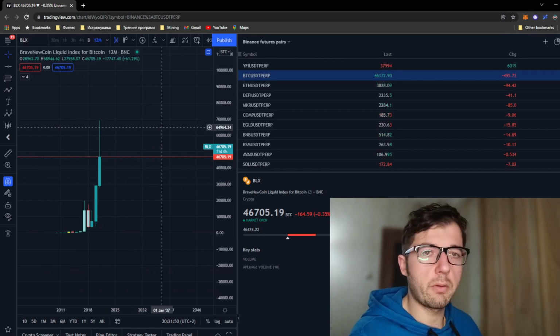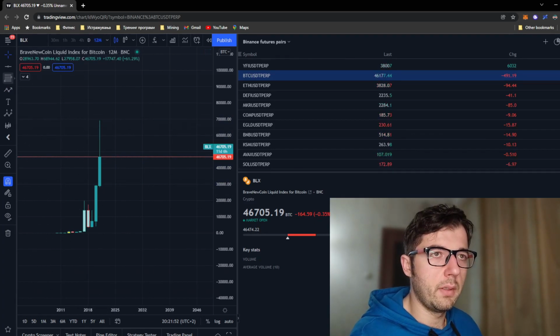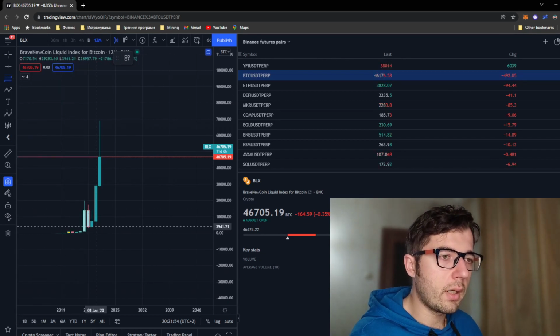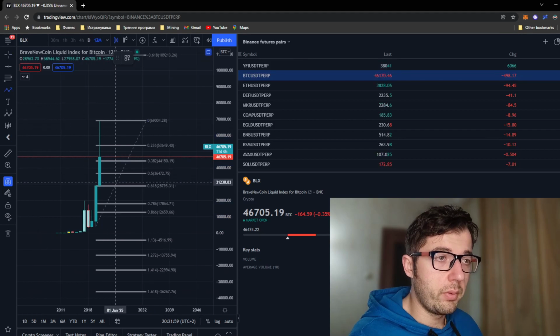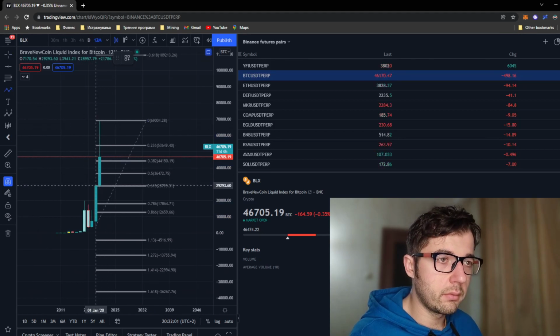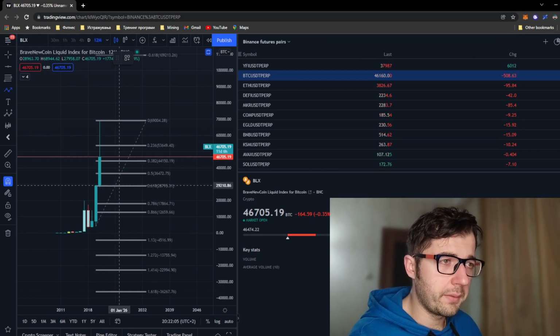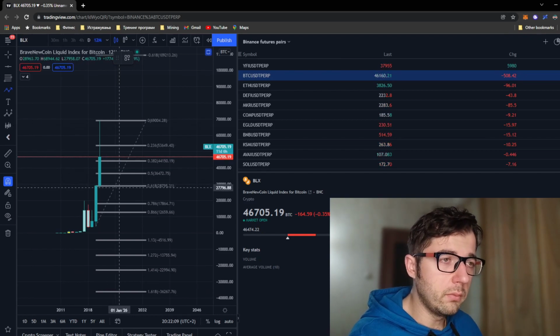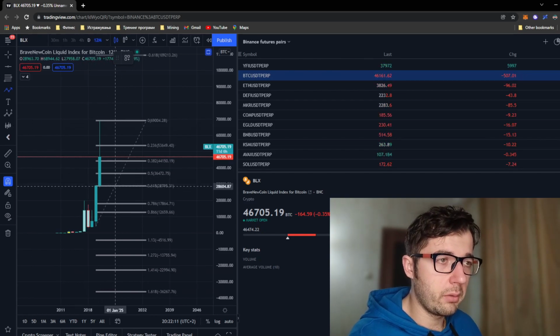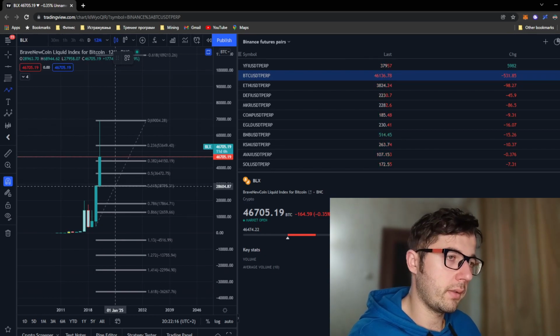From a macro perspective, you want to see a higher low from the yearly. You don't want to close the price below 28,000, 29,000. If I'm a bull, you want to see on the yearly chart no close below 29,000.